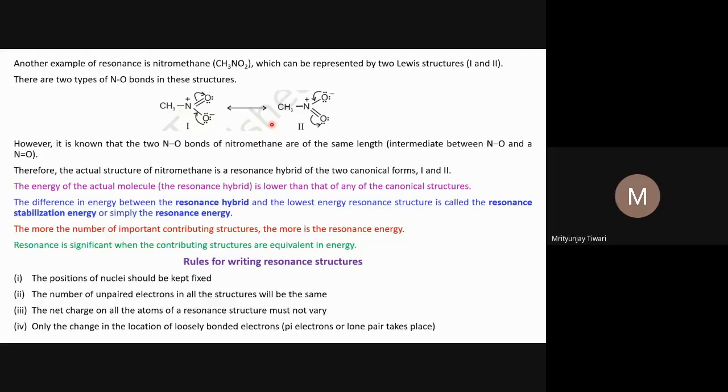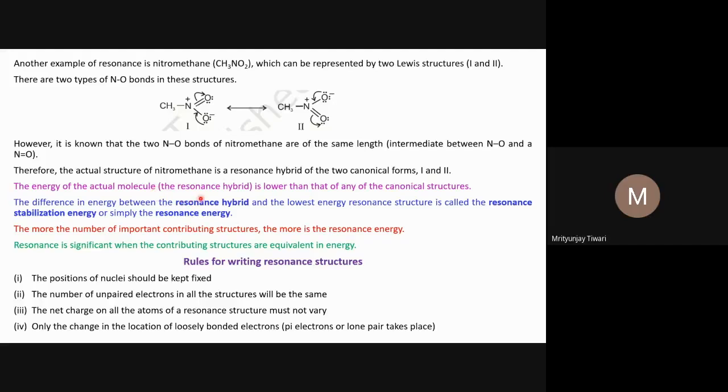All those many structures which together represent the actual structure of nitromethane are our resonating structures, and the actual structure, the hybrid structure, will lie between all the resonance structures and have properties of all of them in the ratio of their relative stability. Therefore, the actual structure of nitromethane is the resonance hybrid of the two canonical forms 1 and 2.